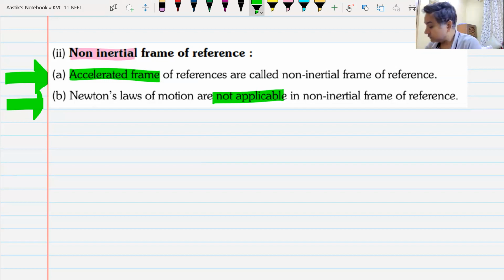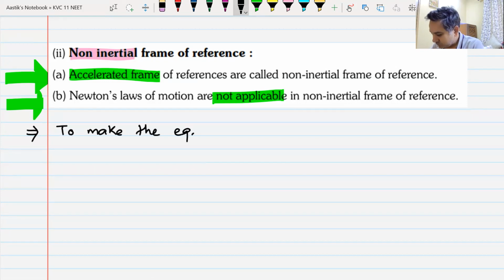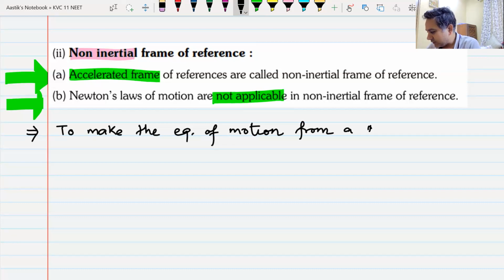Now, to make Newton's laws valid, or to make the equations of motion from a non-inertial reference frame. Remember, Newton's laws are not valid there.